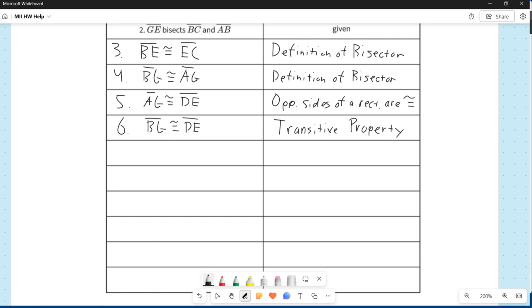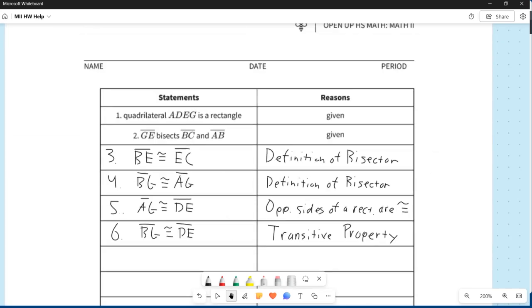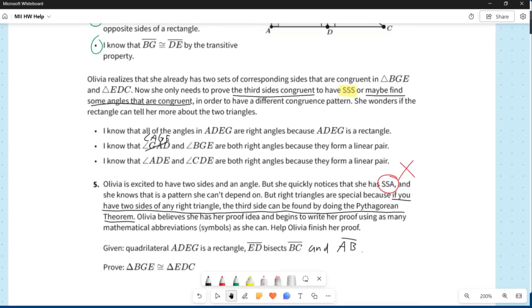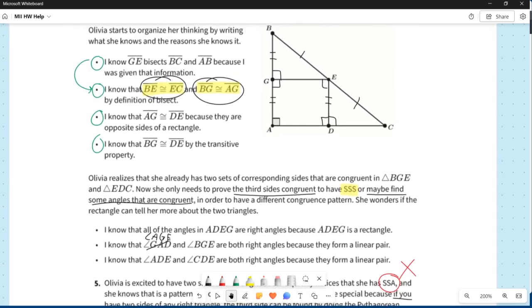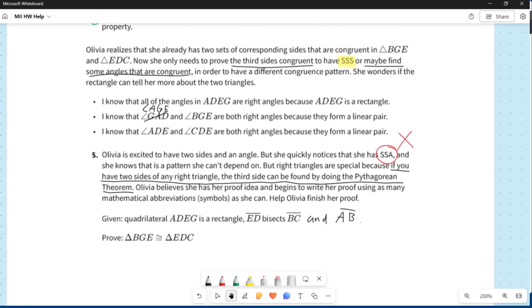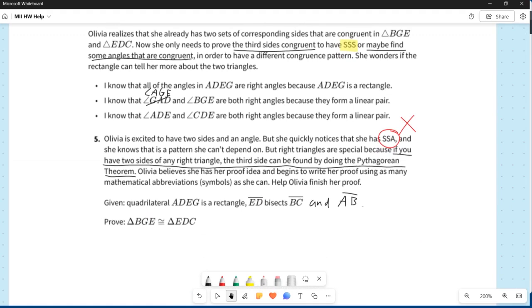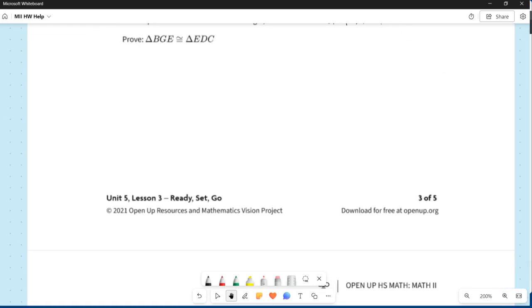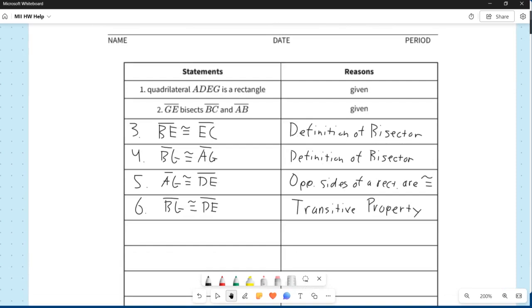All right. So that sort of uses up all of the bullet points there. And then Olivia's thinking, and then we come to this bullet point. Olivia knows that all of the angles in ADEG are right angles because ADEG is a rectangle. Well, that seems like that's going to be some useful information here.